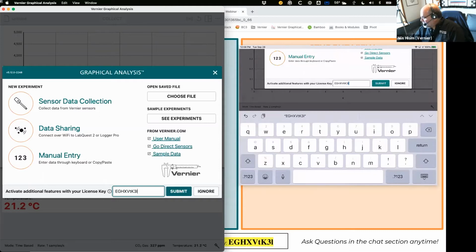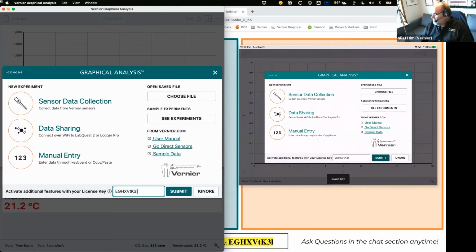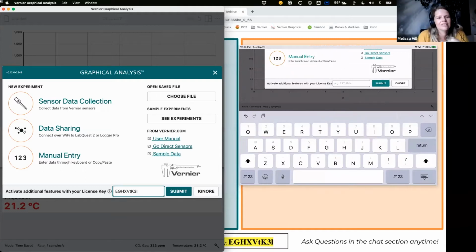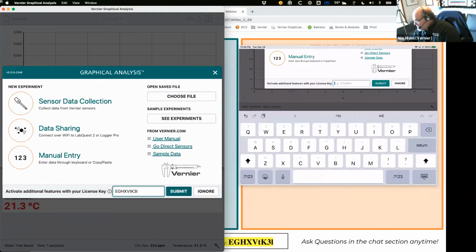So if I typed it all in right and I submit it, then what should happen... and of course this is telling me that I typed in something wrong here. Capital EGHXV, small t, capital K, 3, what is that last letter, Melissa? Is that an I? Yeah, I think that's a capital I. I thought I had that in there too, but anyway.